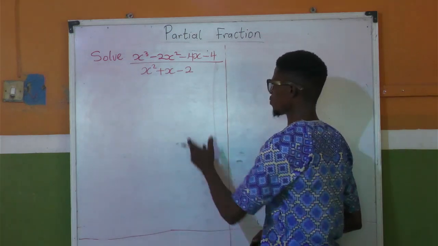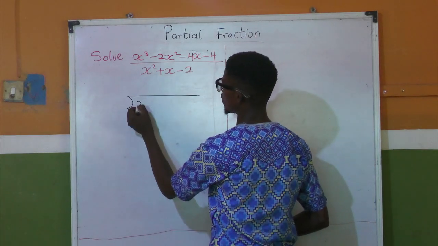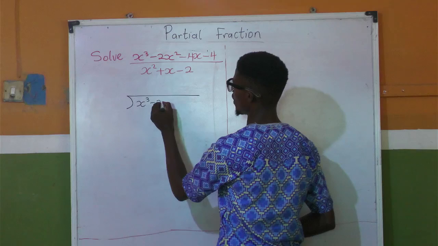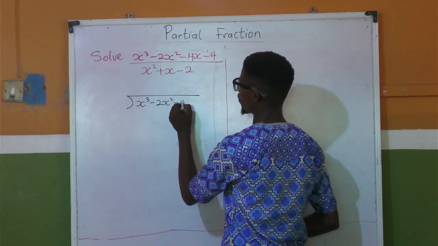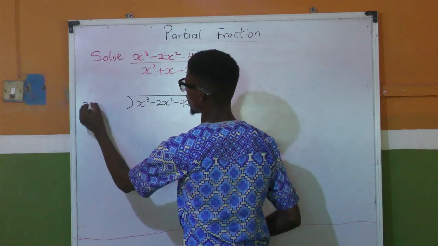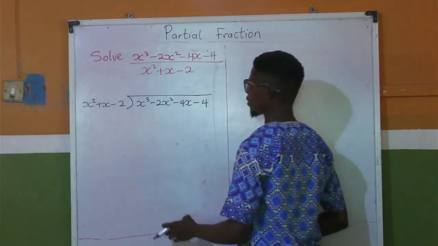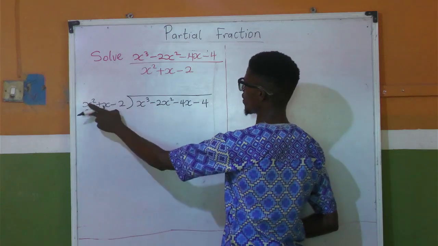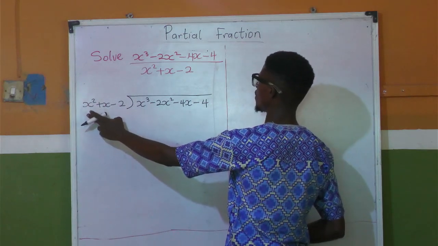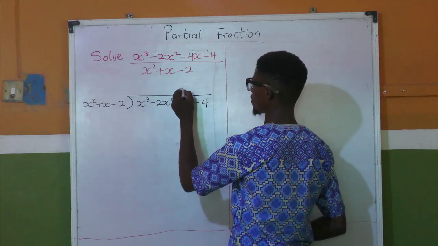The first thing we have to do is to perform a long division. So x cubed minus 2x squared minus 4x minus 4, divided by x squared plus x minus 2. When you divide, you divide the first term by the divisor. So x squared here will give x.